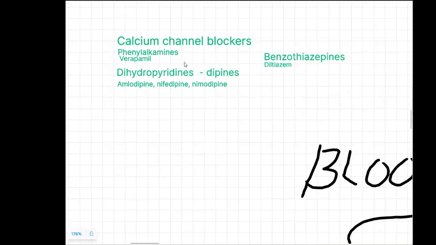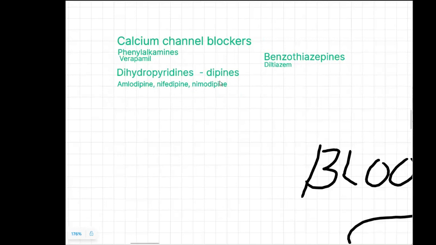The other CCBs, such as diltiazem and verapamil, they're typically used to control dysrhythmia, so they're anti-dysrhythmia drugs. And then, of course, nifedipine is also used in anginal pain, angina.